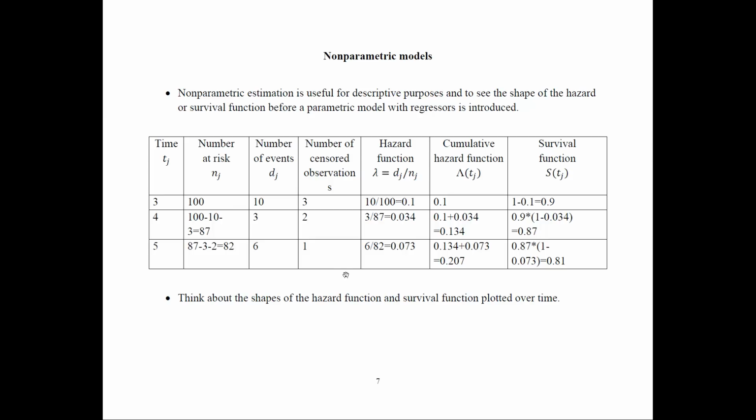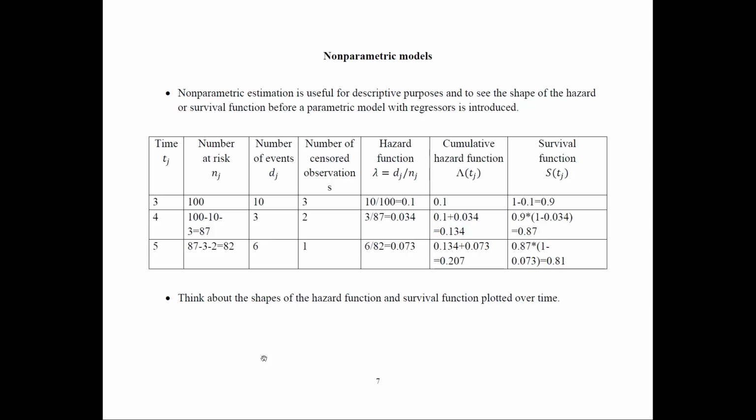You go through the whole data and you have as many lines here as the number of periods included in the data. One thing I want you to think about is the shapes of the hazard function and the survival function plotted over time. In the next video you will have examples, but think about what those would be in this case.